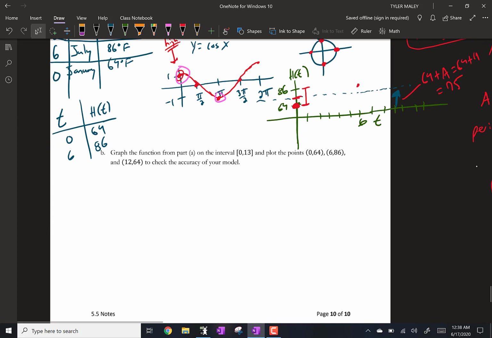From part B, we're asked to graph this and graph those 3 points, and check the accuracy of the model. I'm going to use Desmos to do this.